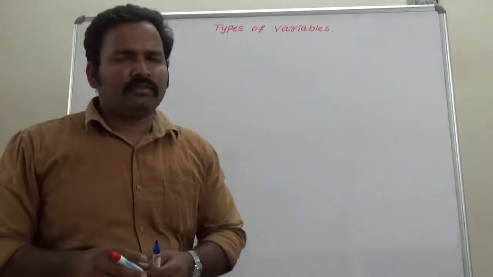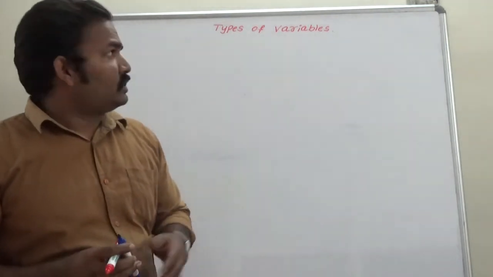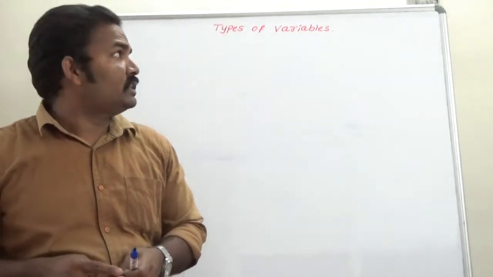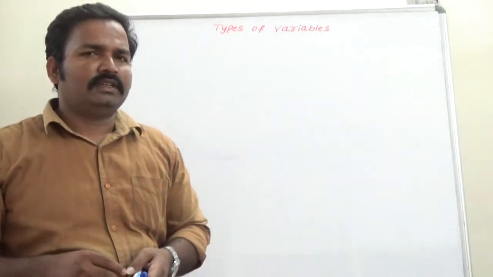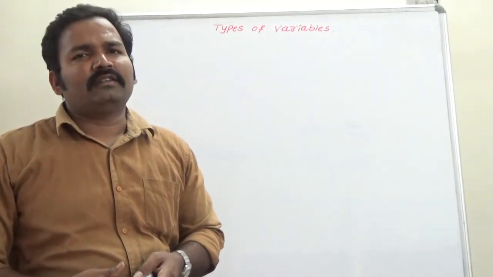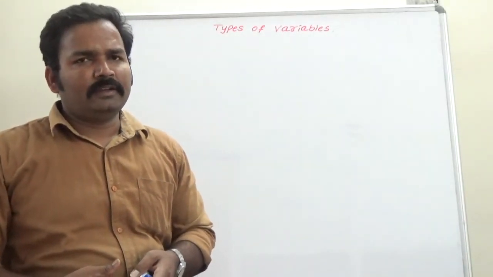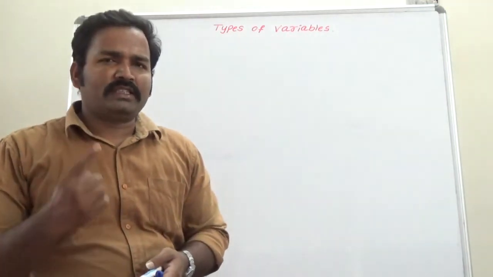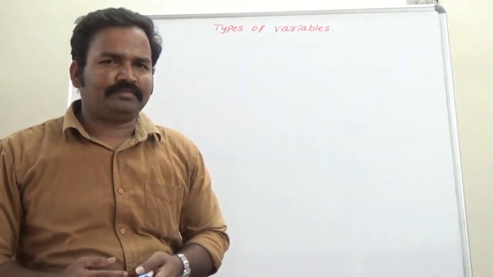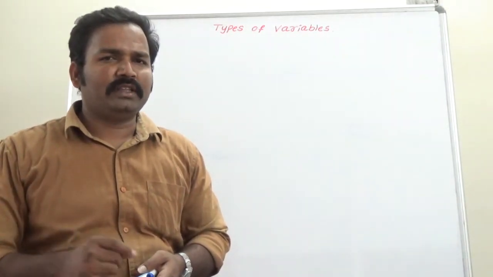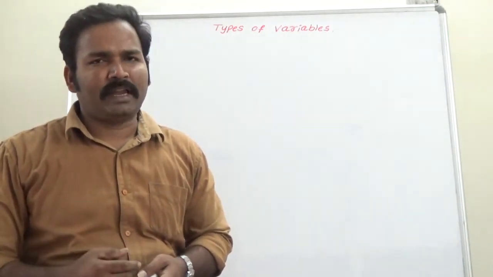Right, we know what a variable is. A variable is the name of the memory location which is used to store different data values. A variable can hold only a single value at a time, but it can change the value during the program execution time.